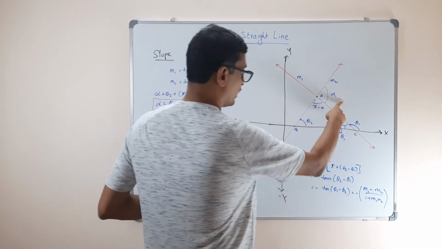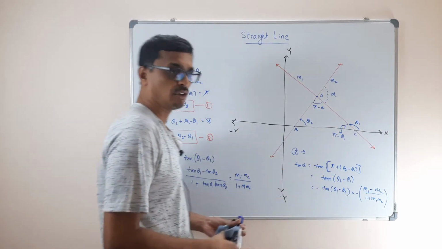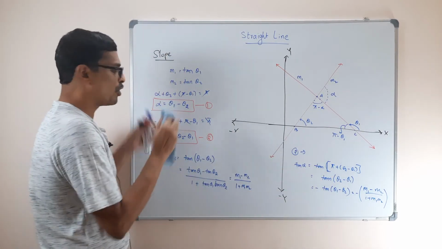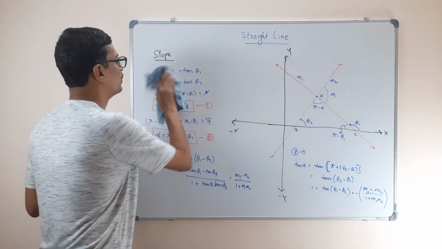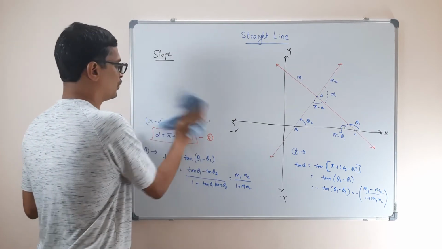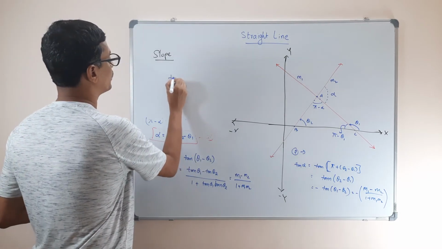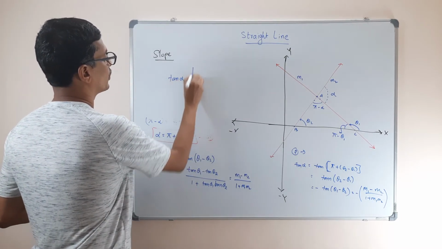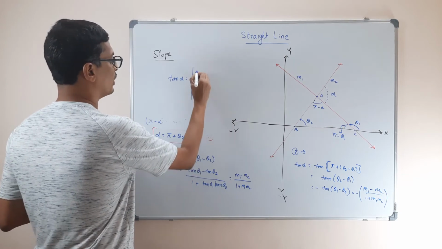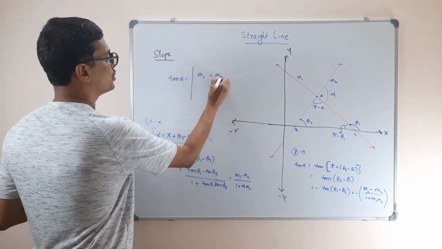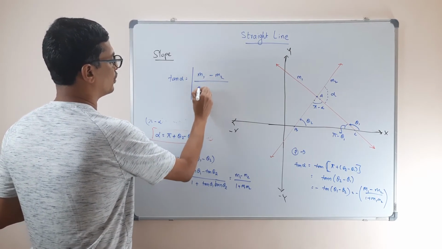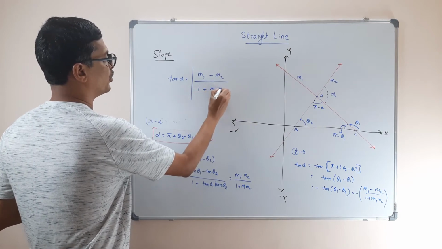If you take the other angle as alpha, then that will be the answer. So in general you can write it as a mod. Therefore, what is typically written is tan alpha equals plus or minus, take the mod, of m1 minus m2 divided by 1 plus m1 m2.